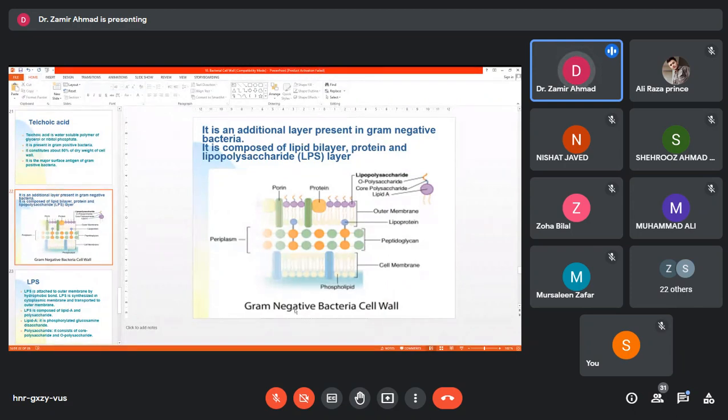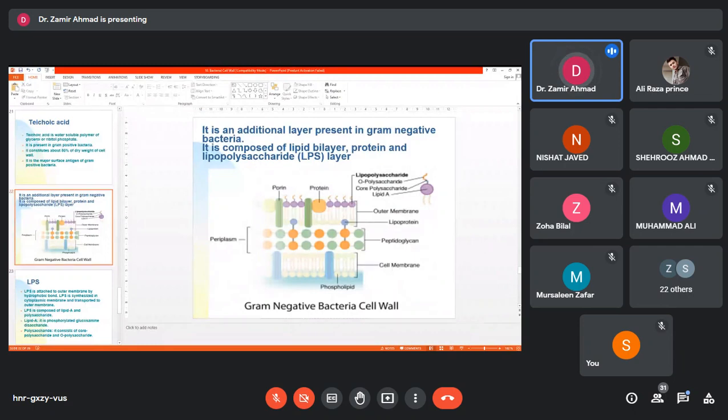In the case of the gram-negative bacterial cell wall, as you can see, the peptidoglycan forms a very small portion of the cell wall, but there is an additional layer present in the form of the outer membrane, which is present only in gram-negative bacteria.